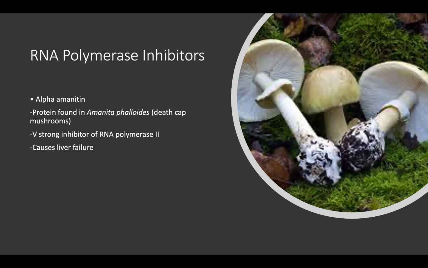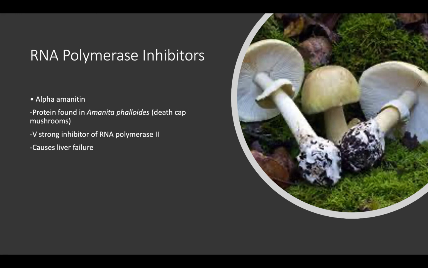It will be taken up by the liver cells when you eat it, and even a single mushroom can cause liver failure right away and can kill someone. So this is a very strong inhibitor of polymerase 2, which, as you know, is the one that makes the mRNA.